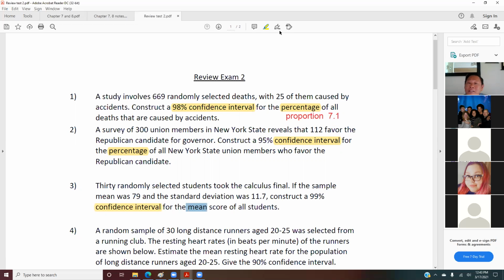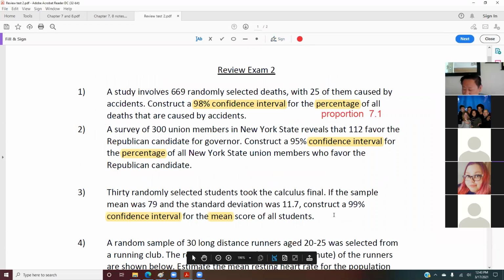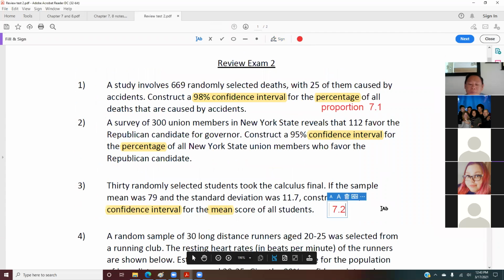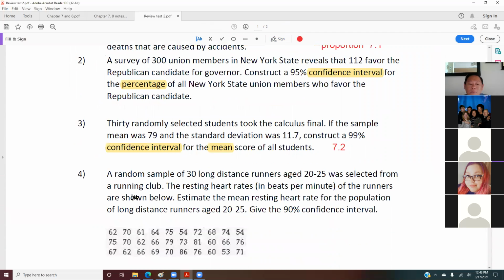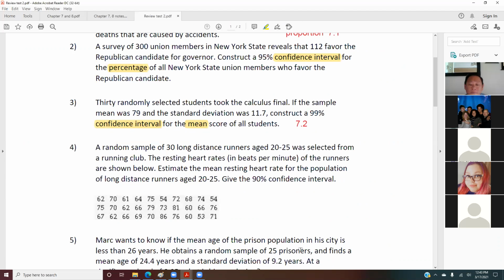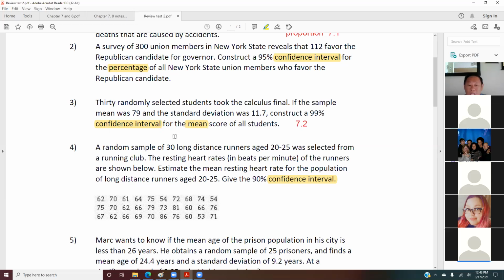So if you got these keywords, confidence interval and mean, this is 7.2. How about question 4? Confidence interval and mean. So this is also 7.2.